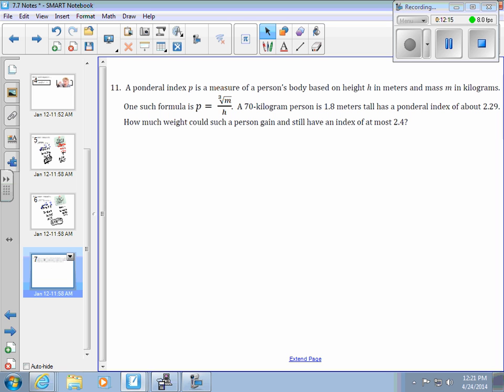All right, we got a lot of stuff going on there. But anytime they give you an equation, probably important to the problem. So we're going to be using this equation for sure here and putting some stuff in there. Let's see what we know. Well, they did tell us that a 70 kilogram person, okay, 70, that's a weight.